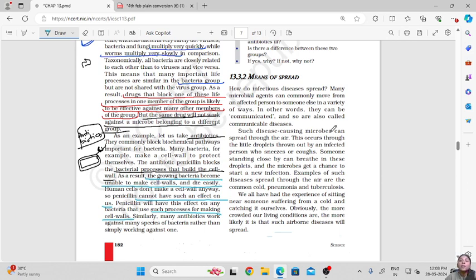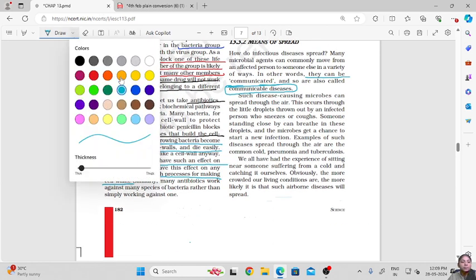Many of these microbial agents can move around in different mediums like air, water, etc. So when one person is infected by this disease, it can be communicated or transferred to another person in various ways, and that is why they are called communicable diseases. So these infectious diseases are also called communicable diseases.